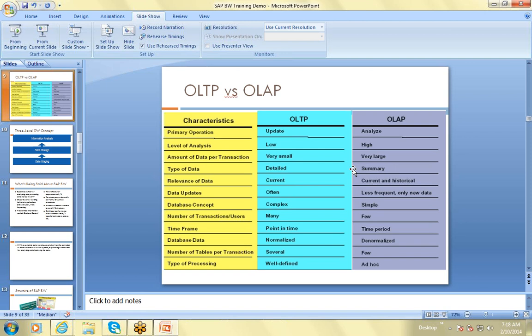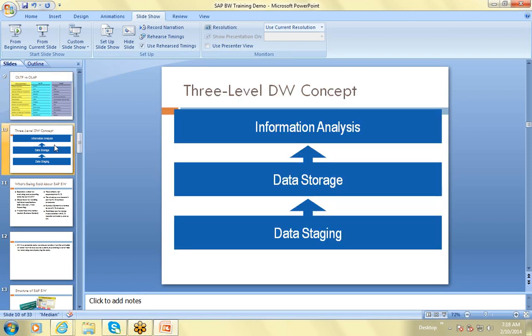So these are the few bullet points you can make a note of, so that when somebody asks you, you can tell them in one sentence: boss, these are the primary differences between the OLTP and OLAP systems. And in every data warehousing, there will be a 3-level concept.